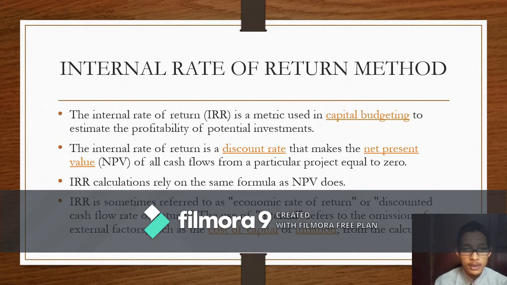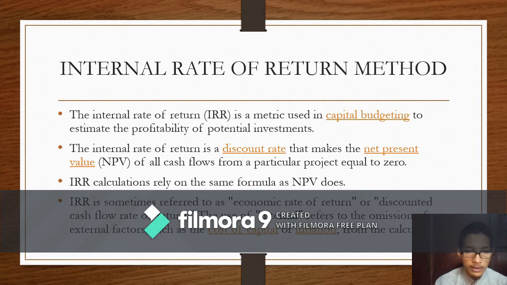Next, the internal rate of return method. The internal rate of return, which is IRR, is a metric used in capital budgeting to estimate the profitability of potential investments. The internal rate of return is a discount rate that makes the net present value (NPV) of all cash flows from a particular project equal to zero.